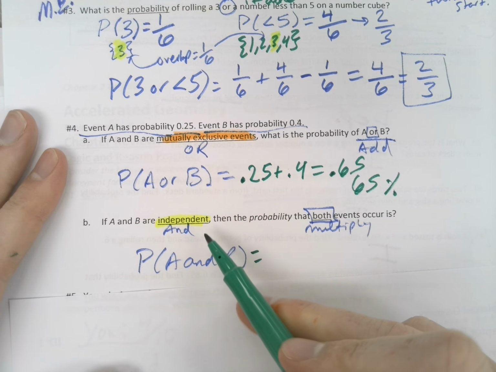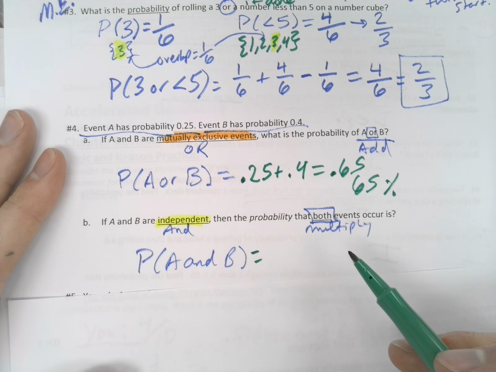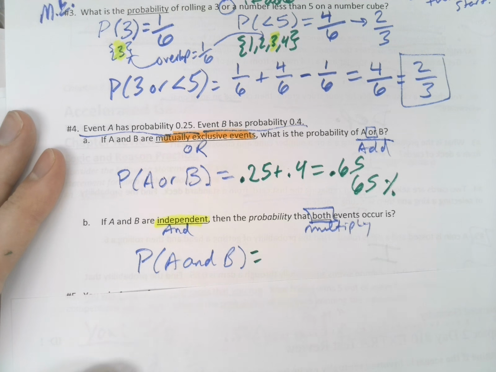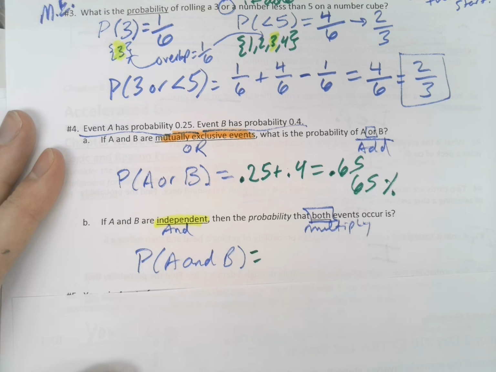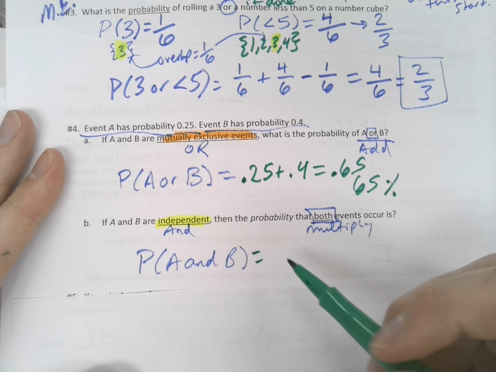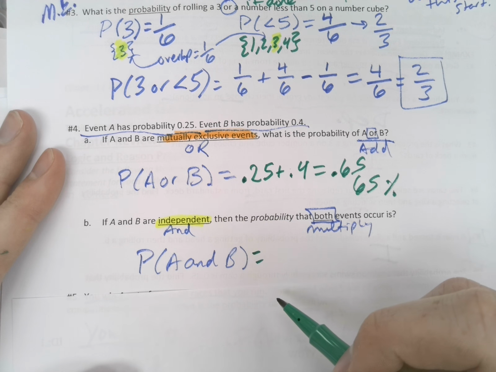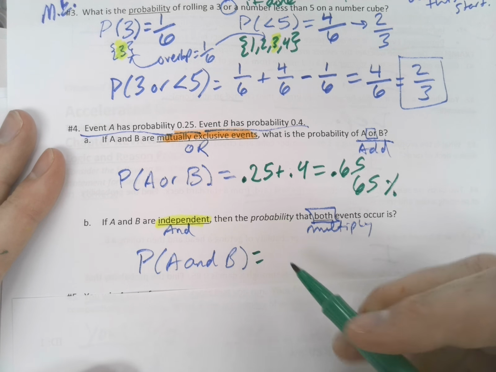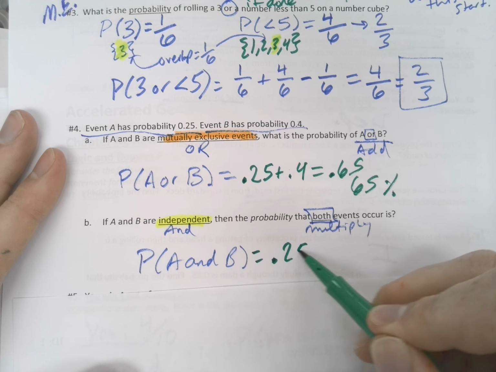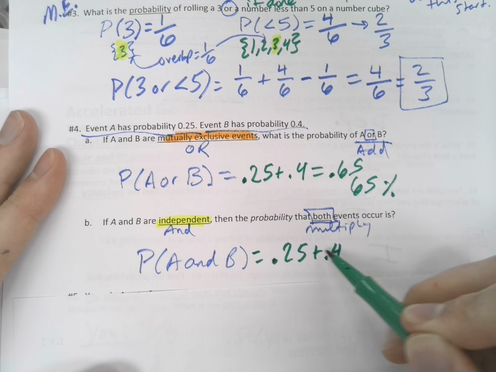Now with independent, that means what's the probability that they both happen at the same time? So A and B. Well, here's the problem. If both these things are going to happen, that's going to hurt our probabilities because the chances of one thing happening is one probability, but when both things need to happen, that's going to hurt our probability here.